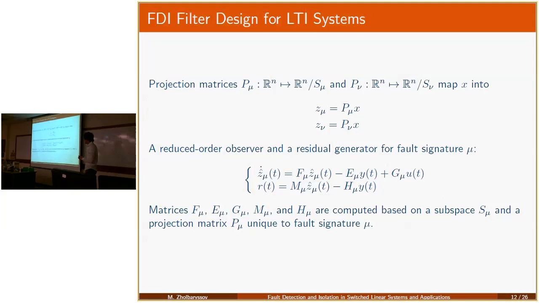The matrices in our observer and residual generator are computed based on a subspace S mu and its projection matrix P, which is unique to fault signature mu.